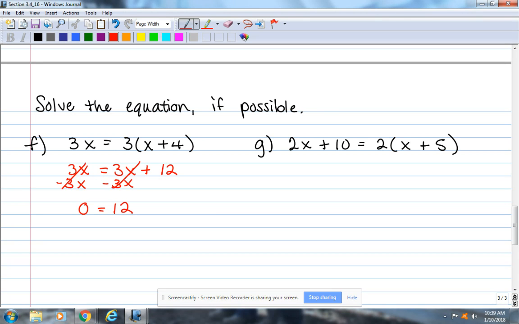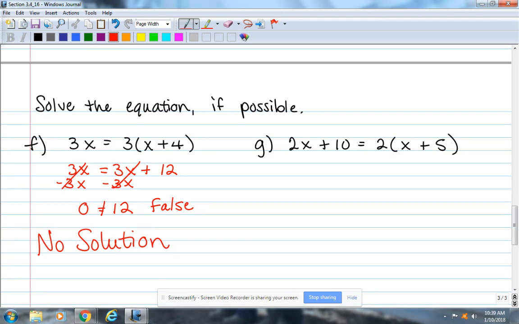But does 0 equal 12? No. So if you have a false statement left over after variables cancel out, you're going to get no solution. Now, what does that mean?